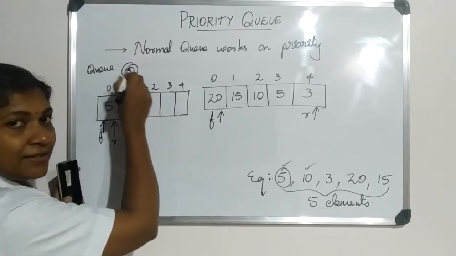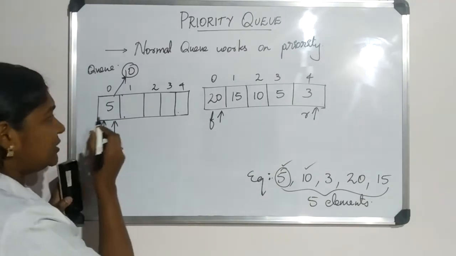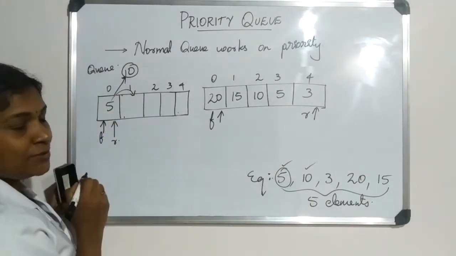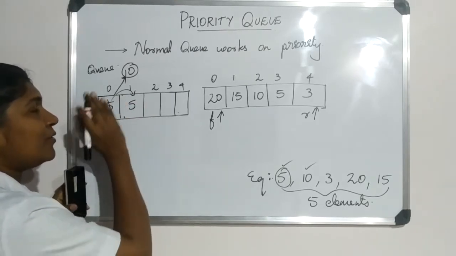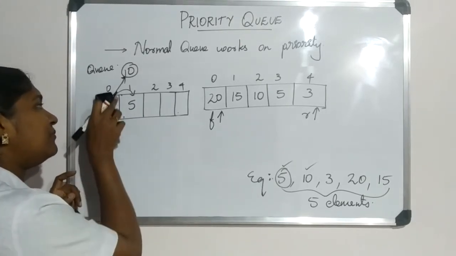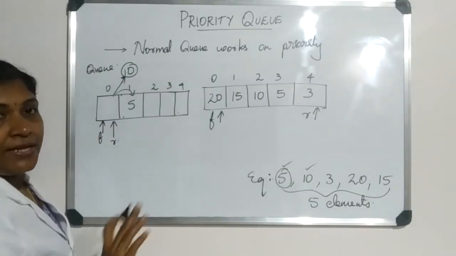If it is greater, what I will do is, I will shift this element one position to right. So 5 will be shifted to this position, so that 5 got occupied at position 1 and the first location became free.